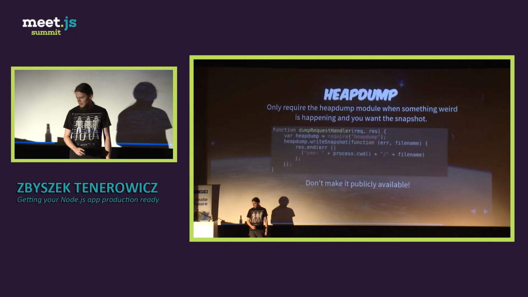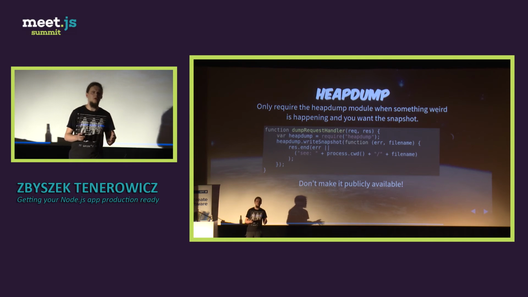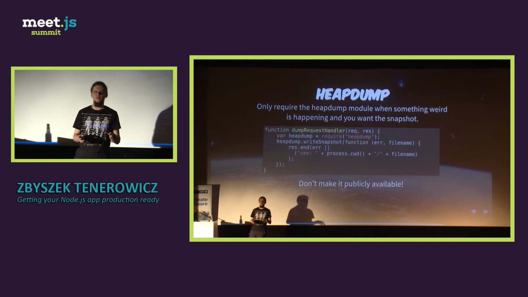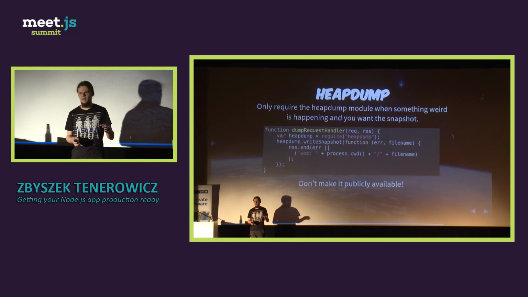Okay, so how do you make the heap dump? You have to require a module called, surprise, surprise, heap dump. Now, if you read the documentation of it, they actually say that they do things to your node instance that you don't want to work with on a daily basis. So you probably want to only require that when you need it.